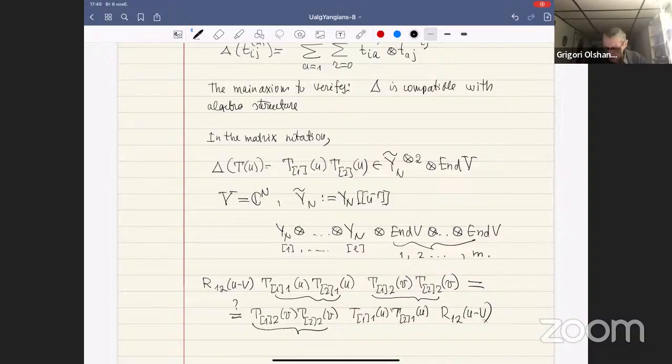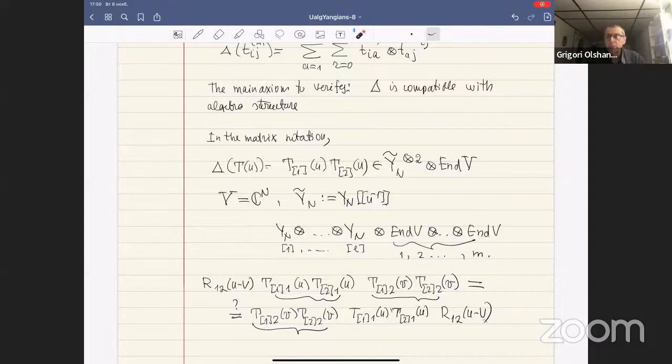The key idea is the following. I would like only to indicate the idea that this object and this object are permutable. This is related to the fact that the indices are disjoint.